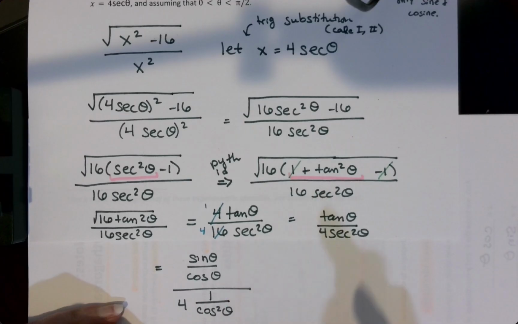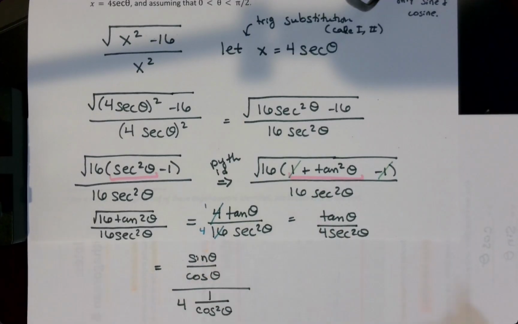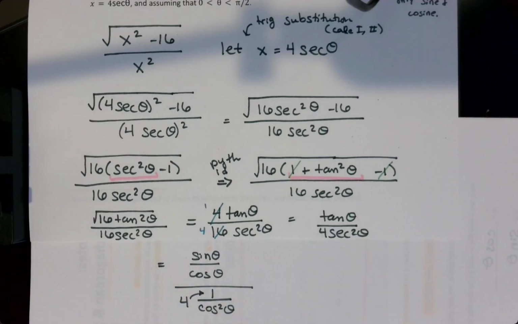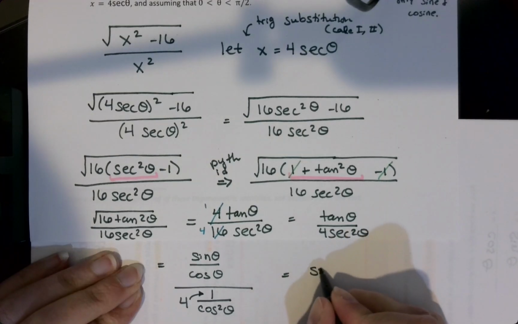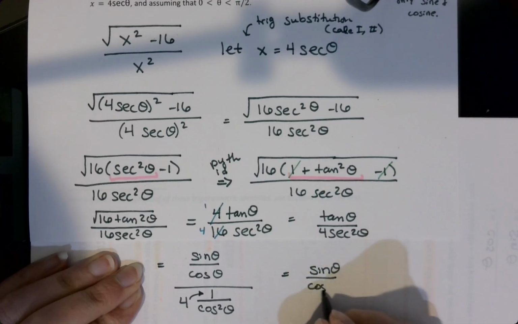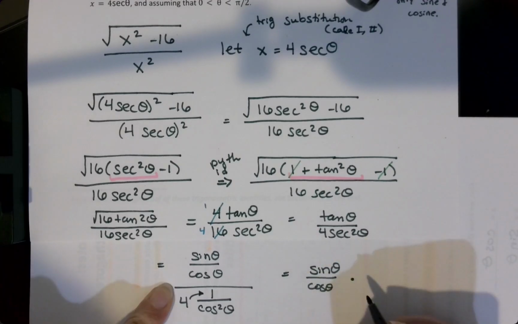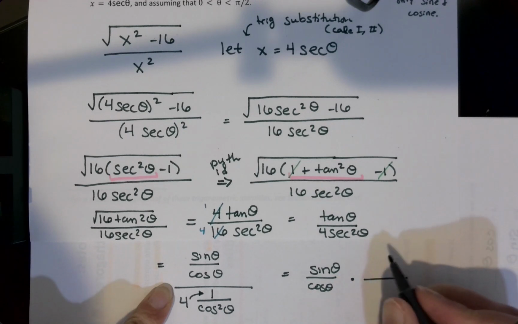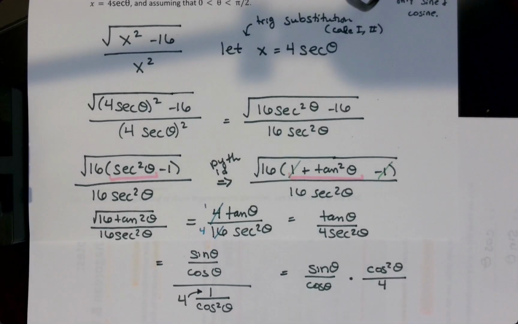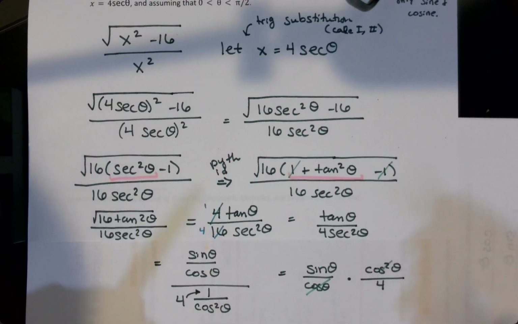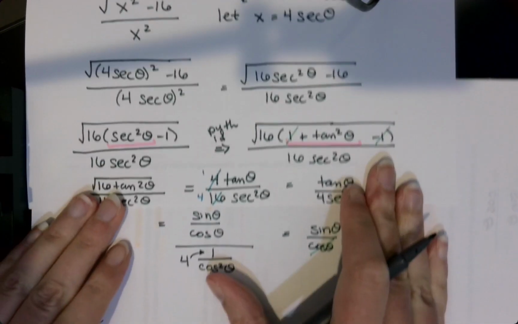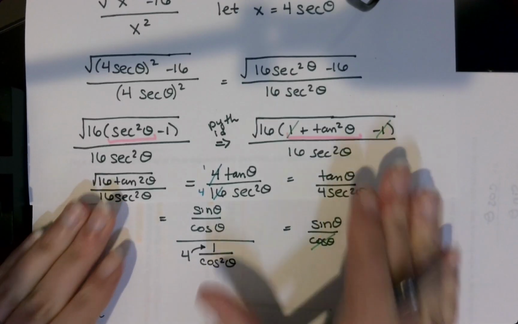We're going to flip and multiply by the reciprocal. So sine theta over cosine theta, instead of divided by the fraction 4 over cosine squared, it's going to be multiplied by the fraction cosine squared theta over 4. And then the cosine theta is going to reduce with one of the cosines from the cosine squared theta. So I'm going to end up with sine theta times cosine theta over 4, or 1/4 sine theta times cosine theta.